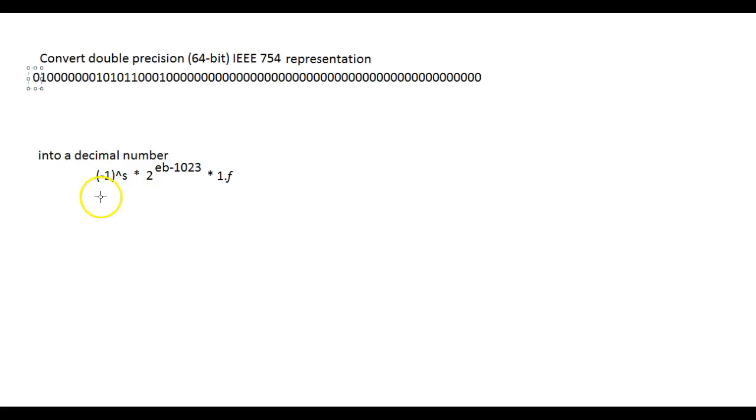So we have -1 to the power of 0, and anything to the power of 0 is just 1.